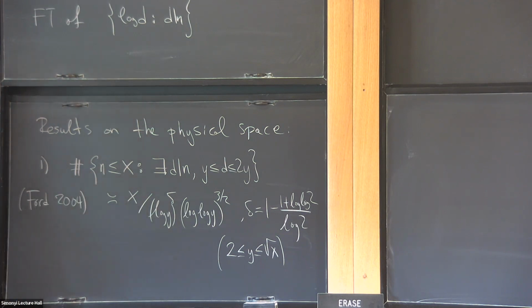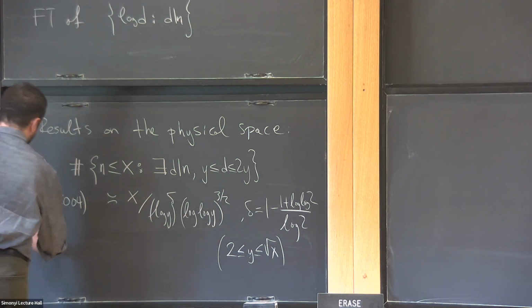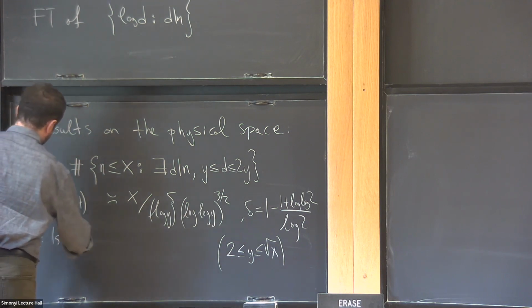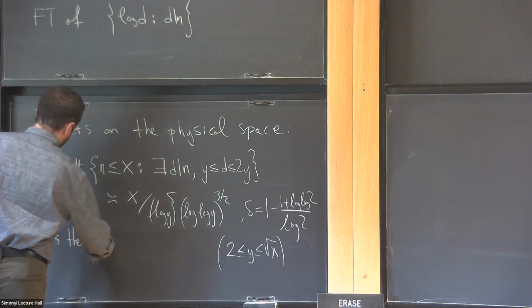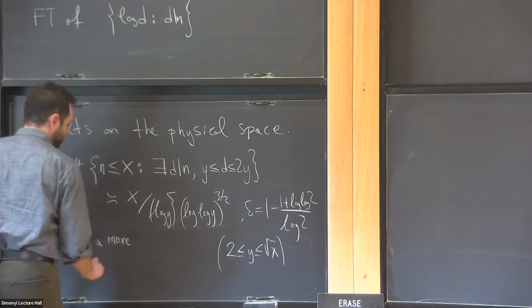And okay, so this is what we know, but an open question is whether there exists an asymptotic formula. So whether I can replace this with a tilde, a constant times this function. Is there an asymptotic formula? Is there a more precise asymptotic formula?